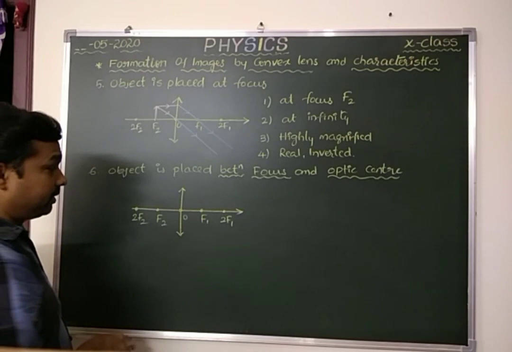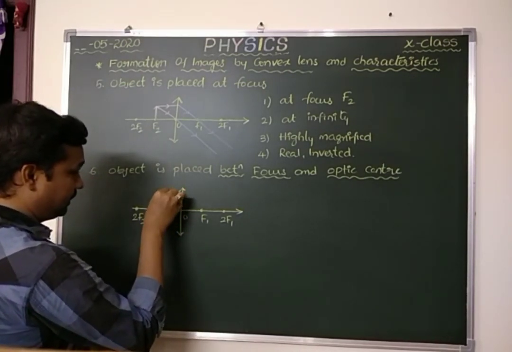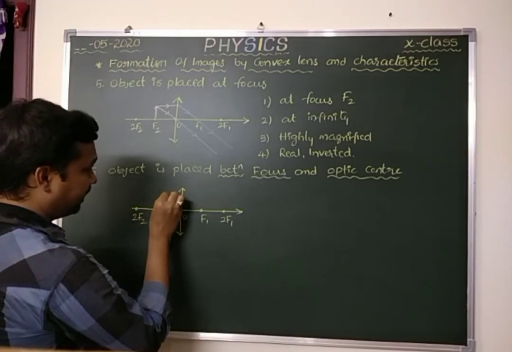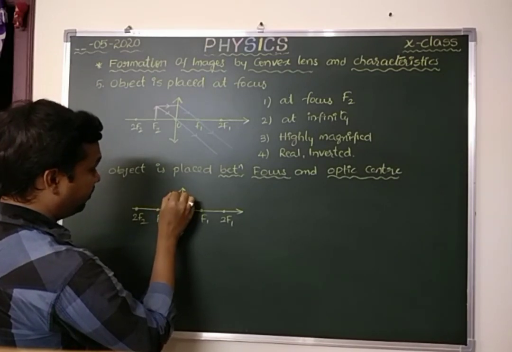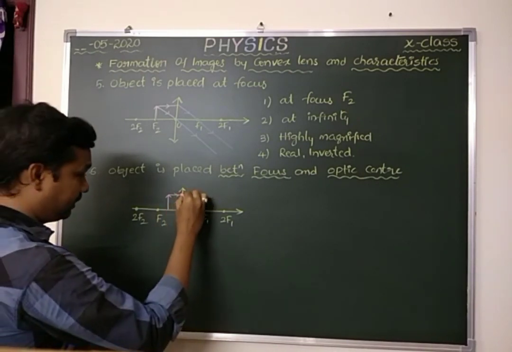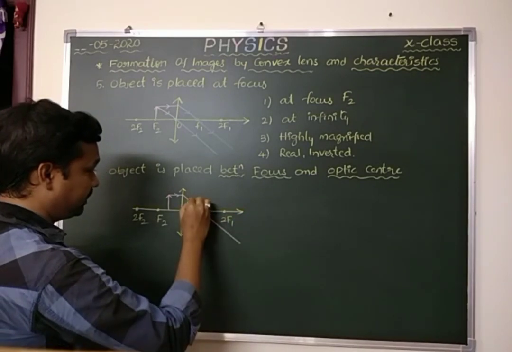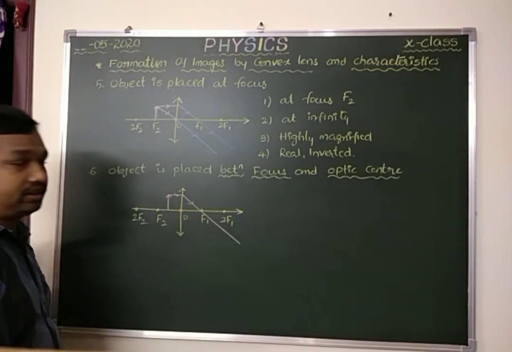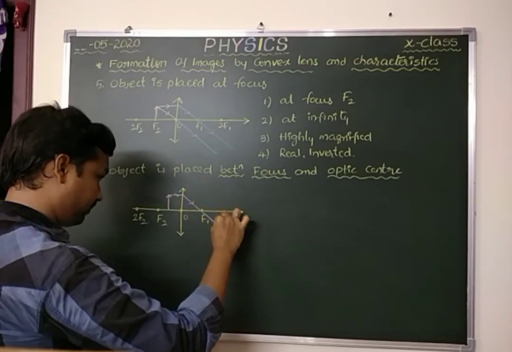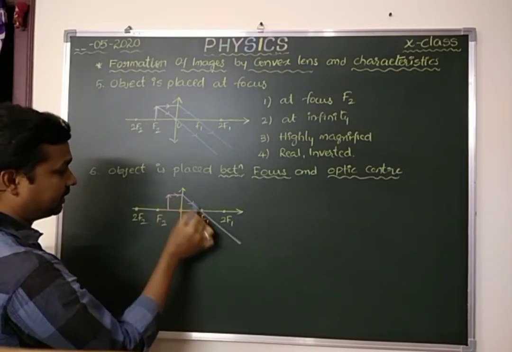Right now, the object is placed between focus and optic center. One light ray I am taking is incident parallel to the principal axis, and it gets refracted. The refracted light ray passes through the focus.